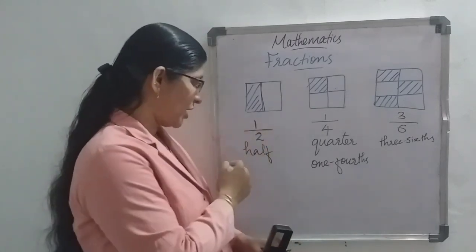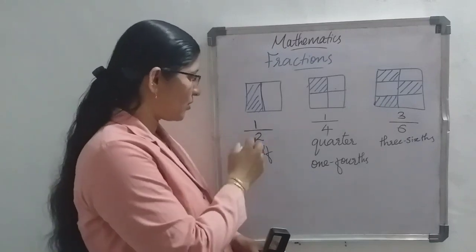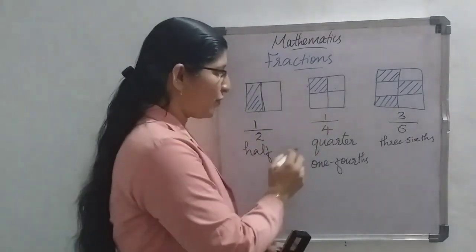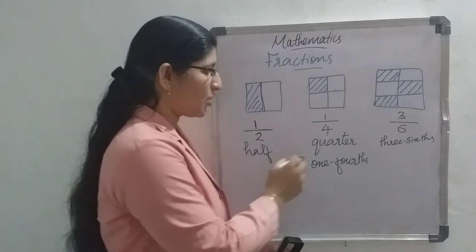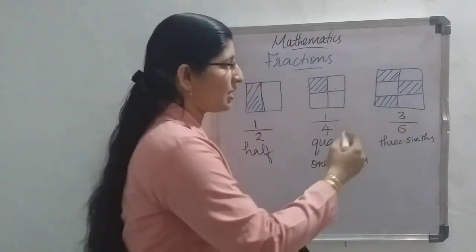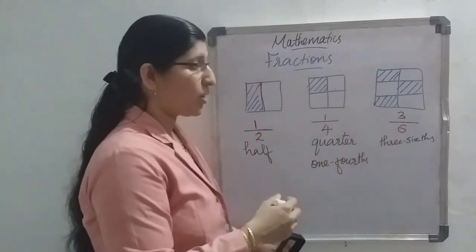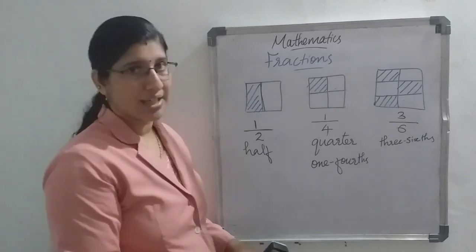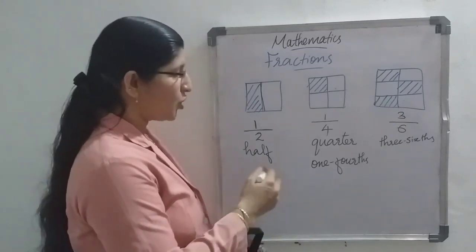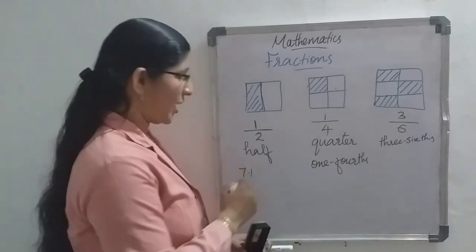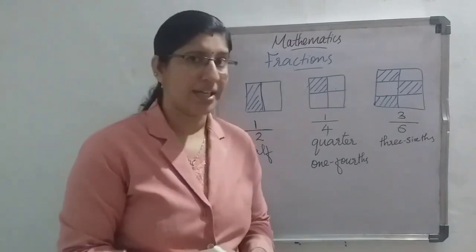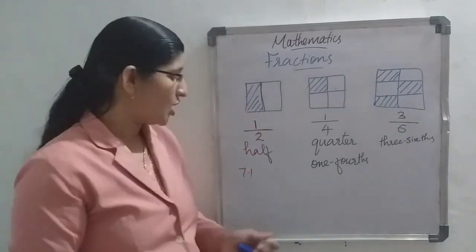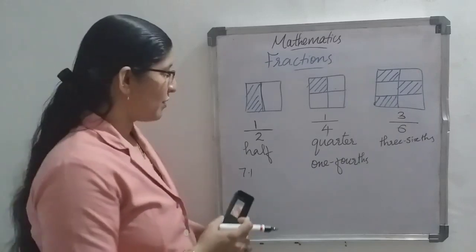We can say it is 1 by 2, or we can say 1/2, or we can say half. Here 1 by 4, or we can say quarter, or 1/4. 3 by 6 or 3/6, or we can say 3 equal parts out of 6 equal parts. Like that we can say. So you need to do exercise 7.1. So easy, we already studied it last year. Only a revision of that. So all of you must complete 7.1.